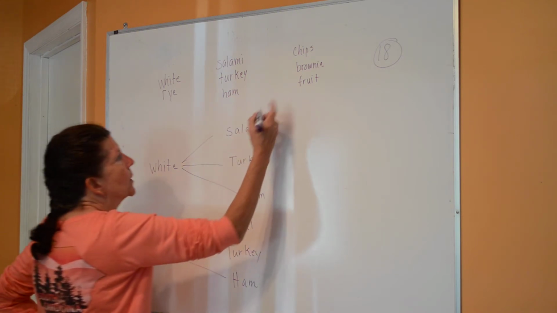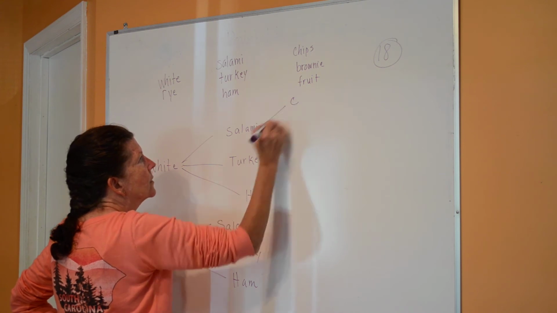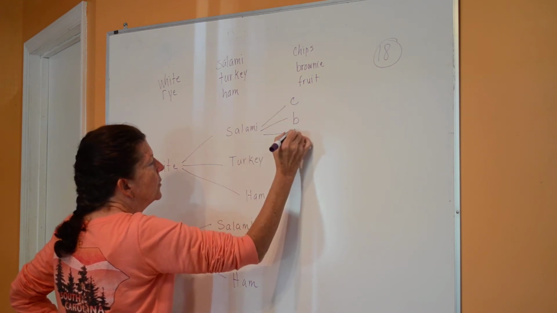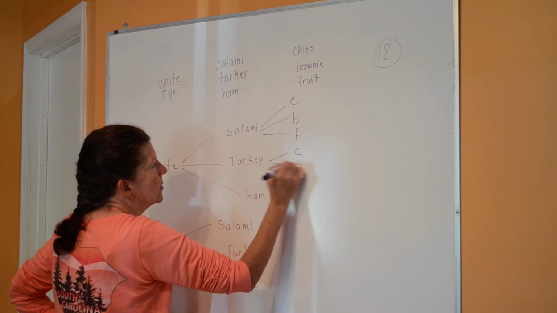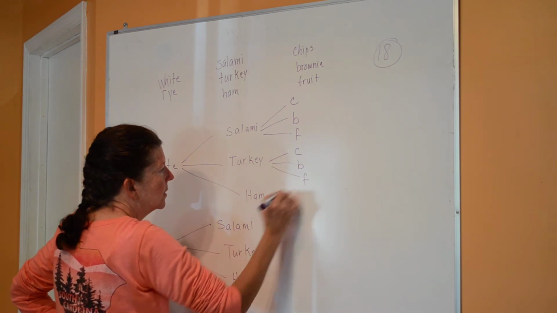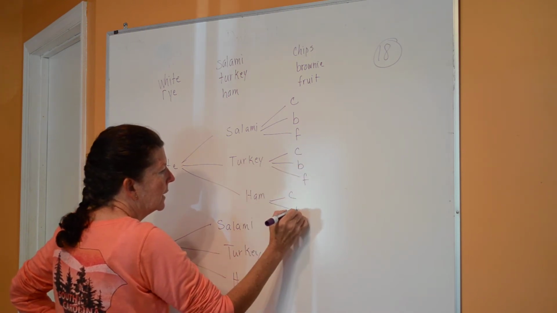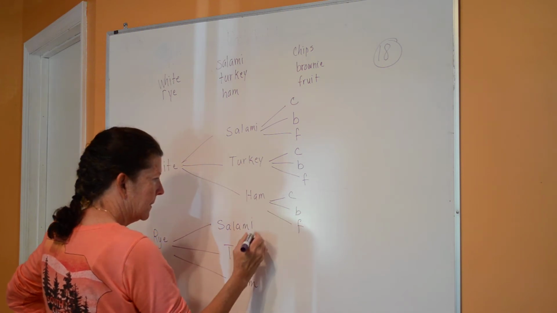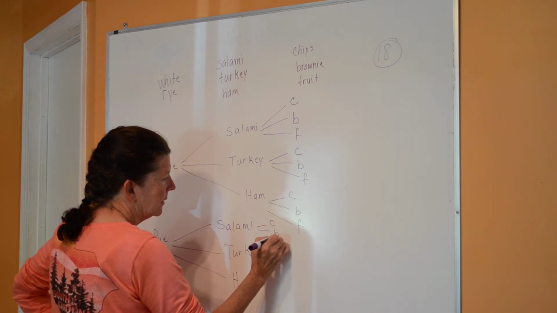Then I'm going to make that choice, and I'll just use the initials. Chips, brownies, fruit. Chips, brownies, fruit. I'm running out of space here.